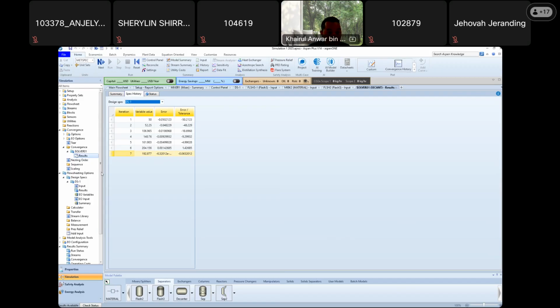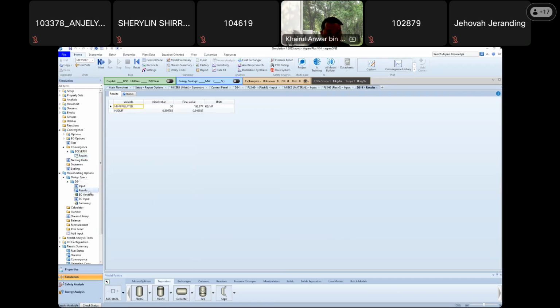Now we go to the DS1 result. This is the initial value that you did before at 50 kg per hour. We get the fraction for the MIBK2 around 90%.